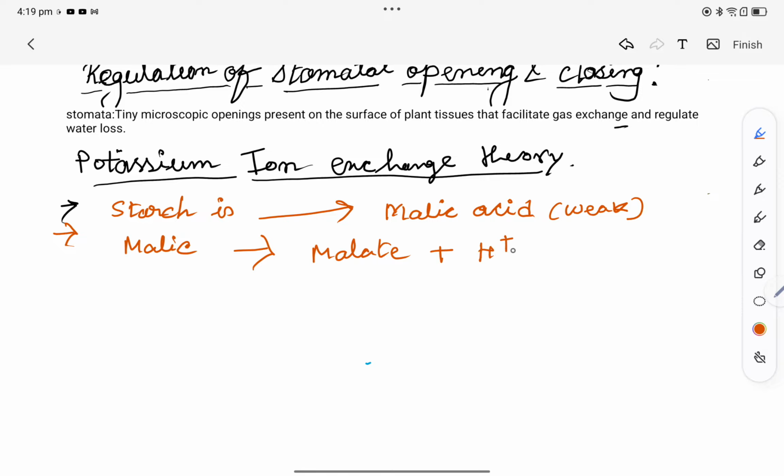Now here, when the stomata are about to open, the guard cells activate the proton pump.